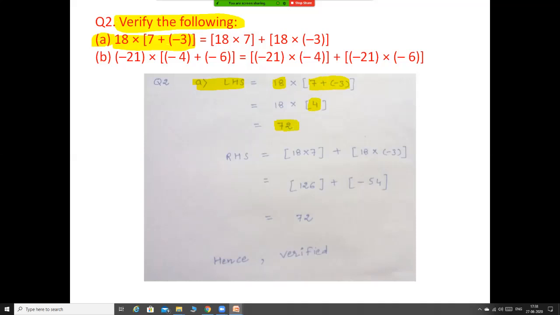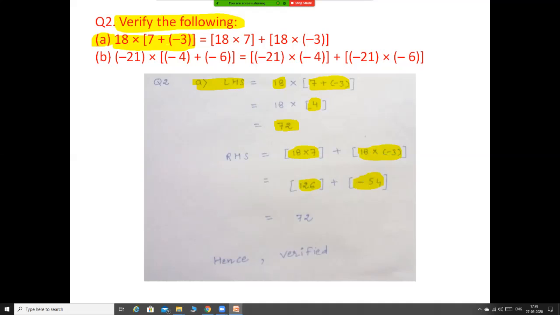Now going to the right hand side, 18 into 7, answer is 126. Next part is 18 into minus 3. Here answer is minus 54.